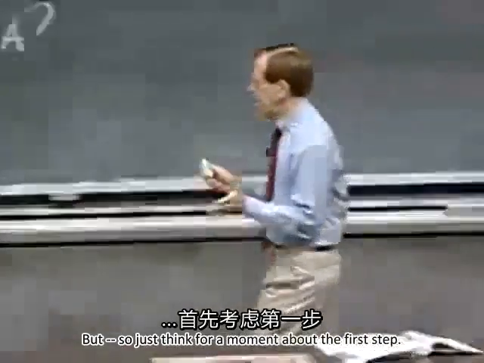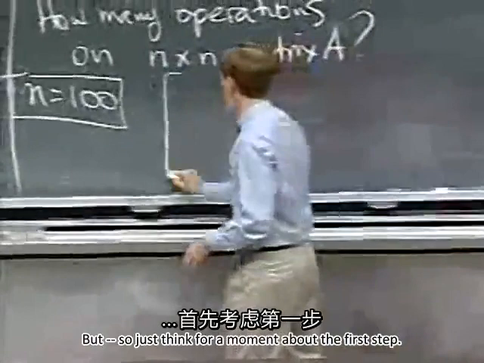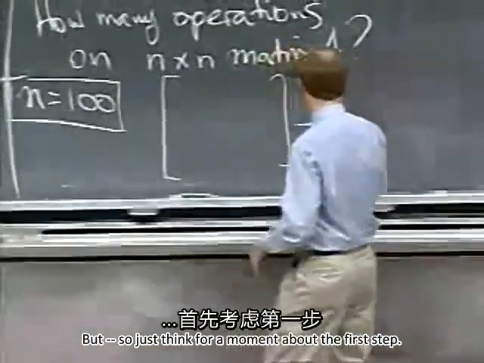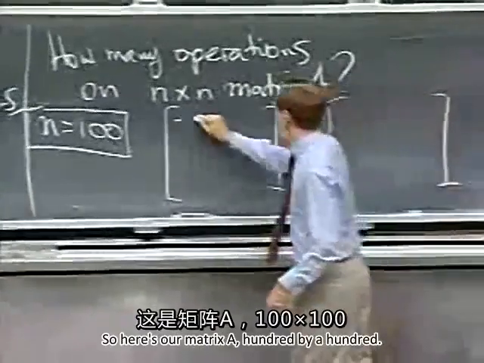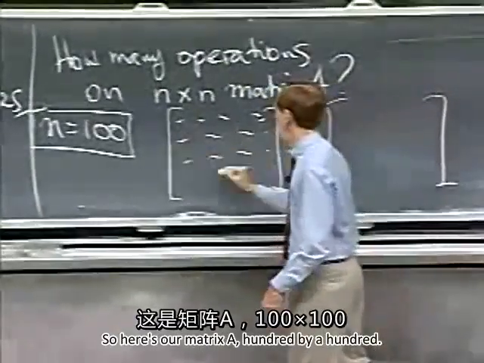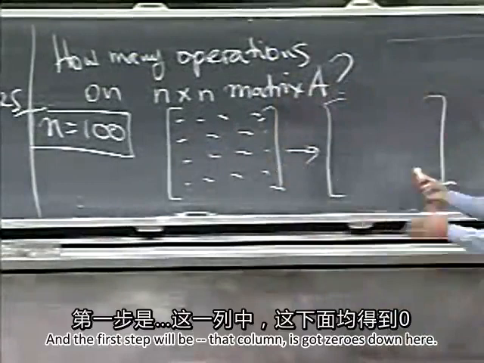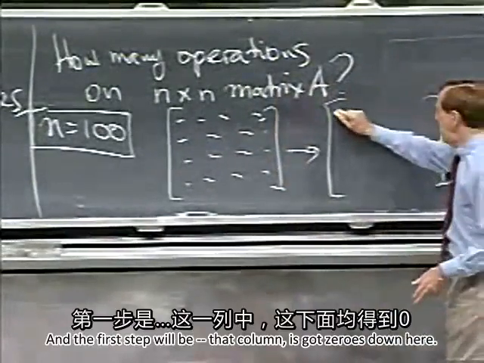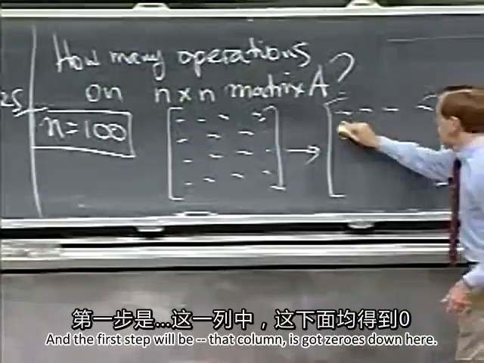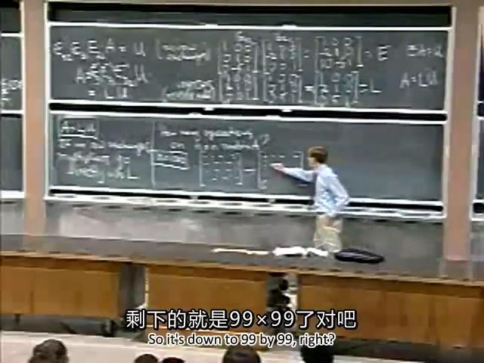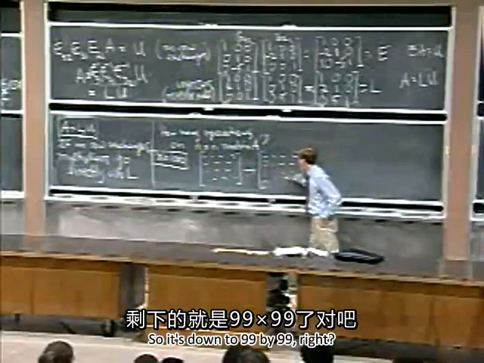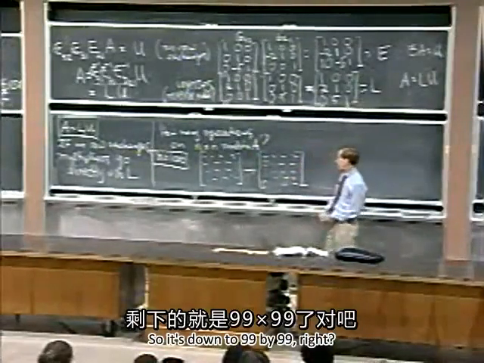But so just think for a moment about the first step. So here's our matrix A, 100 by 100, and the first step will be that column has zeros down here. So it's down to 99 by 99, right?